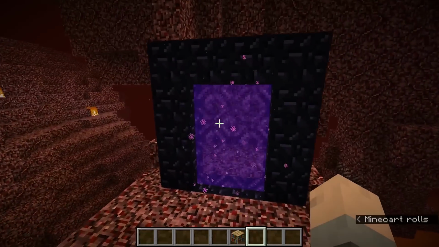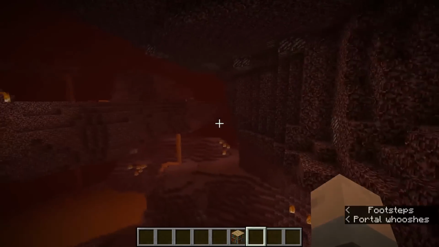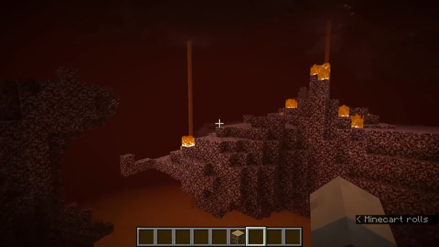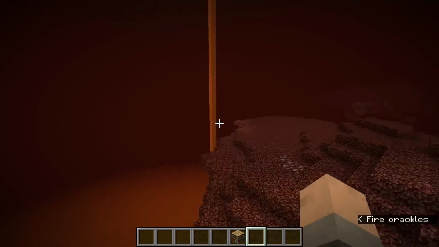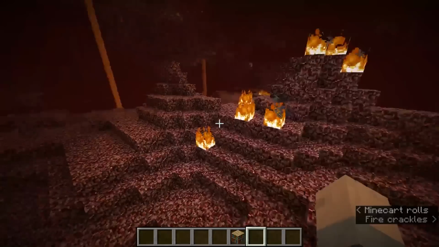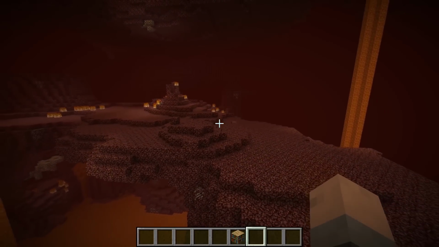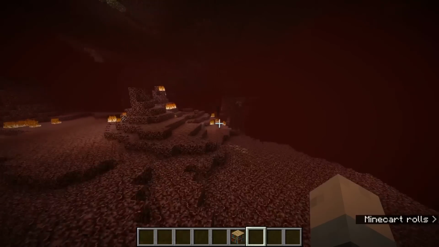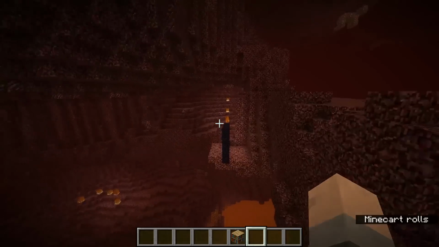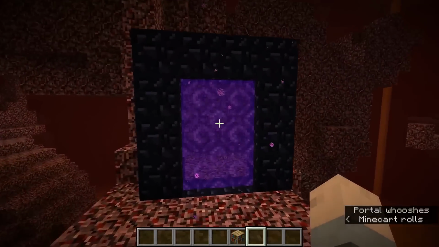Those are the two different names for the dimensions, the Nether and the overworld, overworld being the world that you first spawn into when you start a game. So every block that we move in the Nether is 8 blocks in the overworld, making travel by Nether really, really useful as long as you can link up your portals.